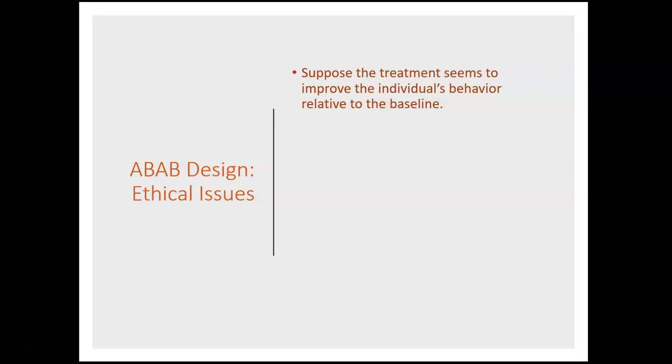So let's say, for example, that you're doing an ABAB design, testing a treatment intervention for self-harming behaviors in a child with autism spectrum disorder. You find that after the treatment is applied post-baseline, the child is exhibiting less self-injury behavior.